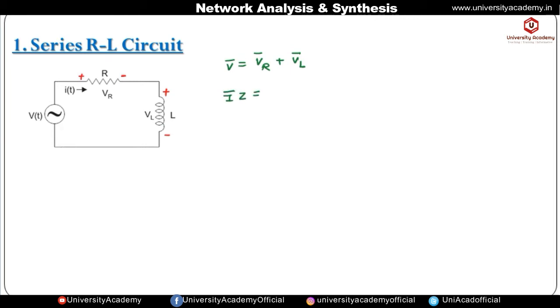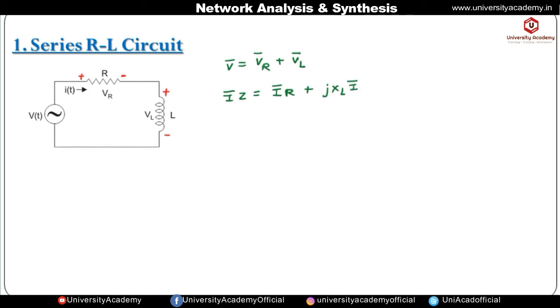Okay, and V of R is the voltage drop across the resistance, which is given by the current flowing, I phasor, into resistance R, and this will be equal to... V of L is the voltage drop across the inductor. So inductance को हम in the AC circuit we represent by J into XL. So this will be equal to J into XL, and current flowing is I phasor.